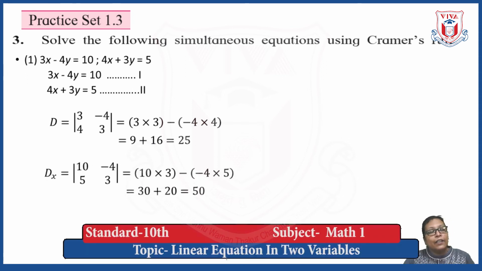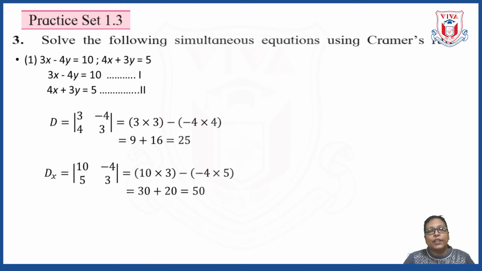So we will observe that 10 and 5 which are on right hand side, they are written in the first column. And the second column is copied as it is from the D, -4 and 3. Solve it again. 10 into 3 minus -4 into 5. So 30 plus 20, the answer is 50.